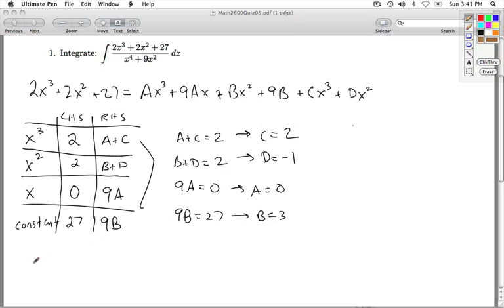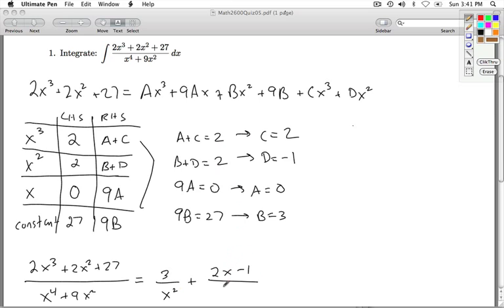Alright, so what does that mean? That means that the 2x cubed plus 2x squared plus 27 over x to the 4th plus 9x squared is equal to A over x, but the A is 0, plus B over x squared, so that's 3 over x squared, plus Cx plus D, so 2x minus 1 over x squared plus 9.